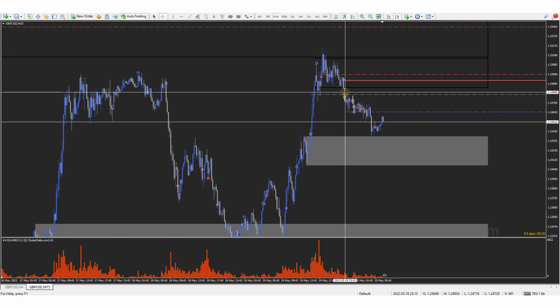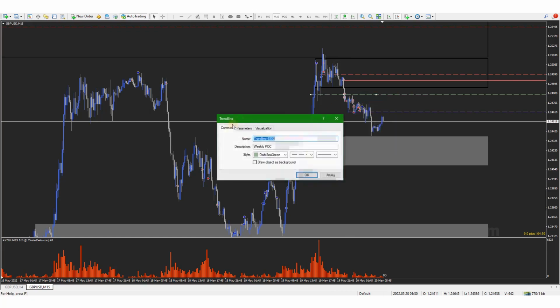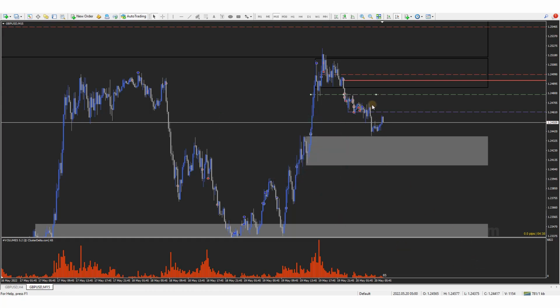Here. Just one crazy candle. So I know now that the weekly point of control is also my Asian high. And how far are we? 30 pips.